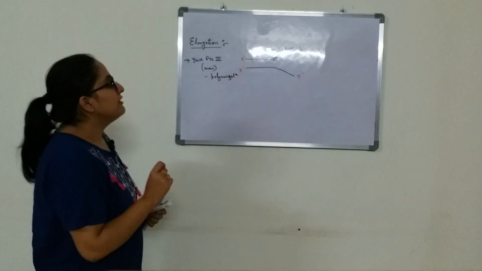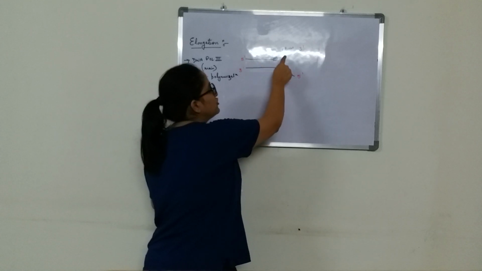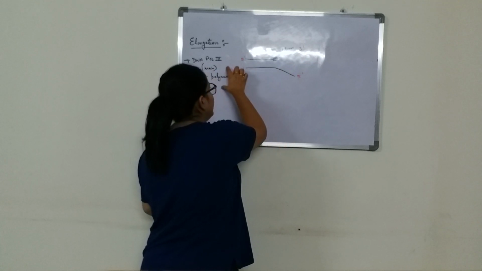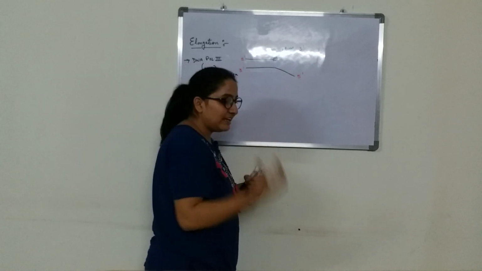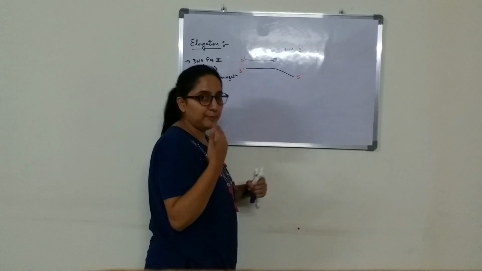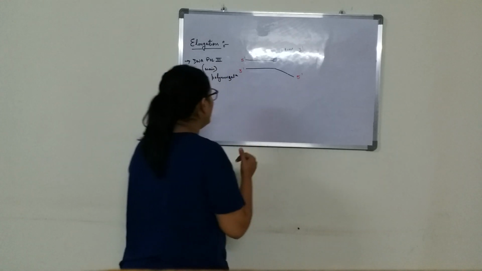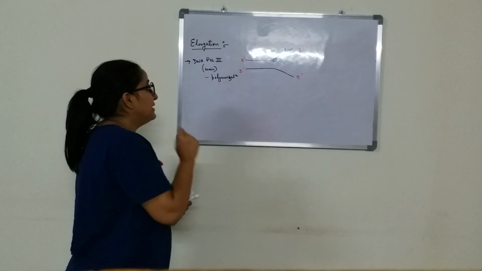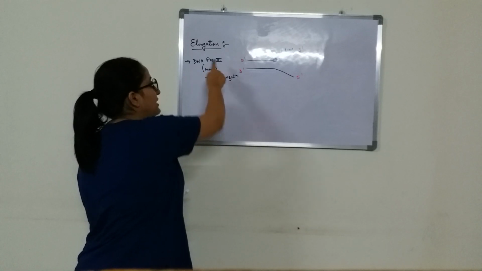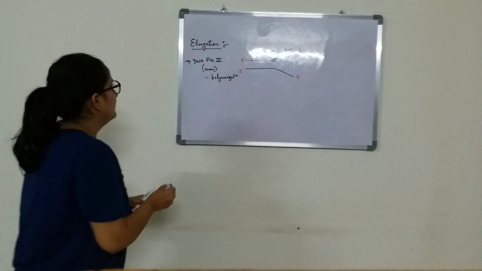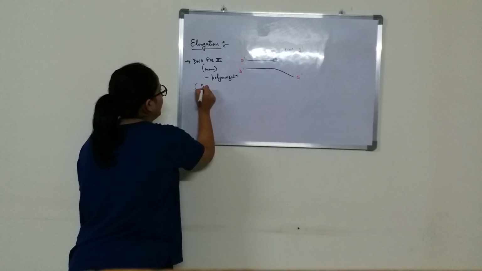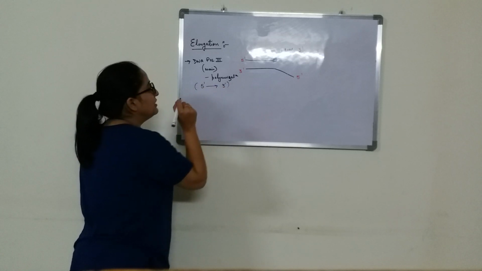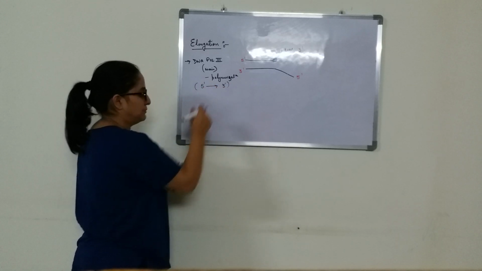Now if the parent strand is from 5' to 3', then whatever the next chain, the replica that it is going to make, it will make from 5' to 3' end, right? That is the main direction that DNA polymerase 3 follows. It always works in the direction 5' to 3'.